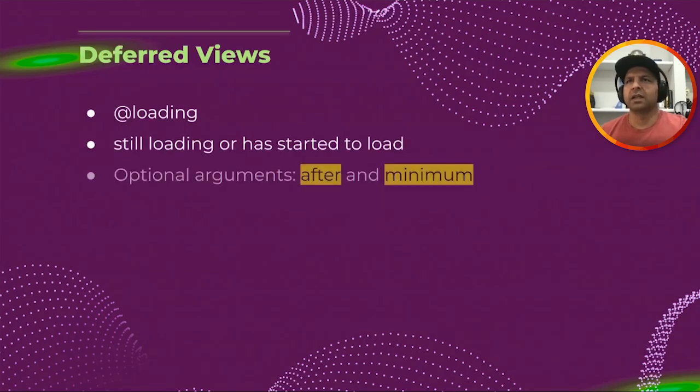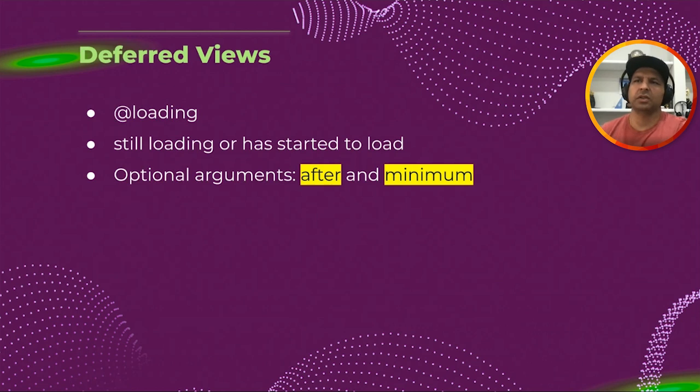So next is the loading block, which is used to display some content while the content defined in the defer block is still loading or has started to load. This is different from the placeholder, which will appear before the loading starts. So again, the placeholder is used to show content before the loading starts, and the loading block is used to show the content while the content is still loading.